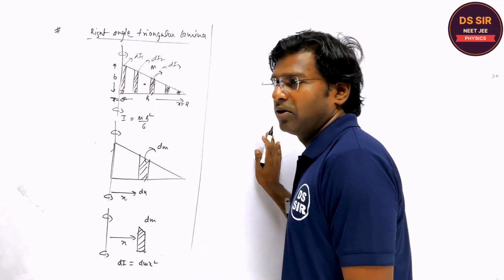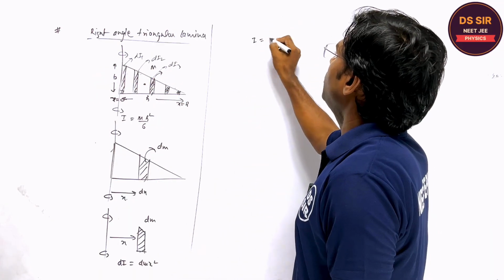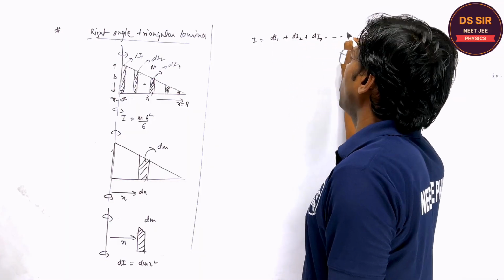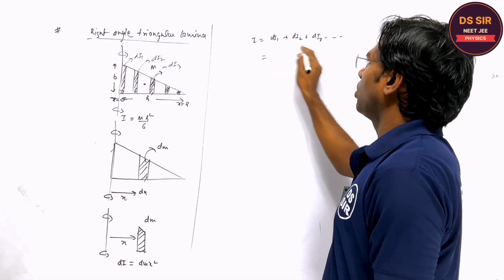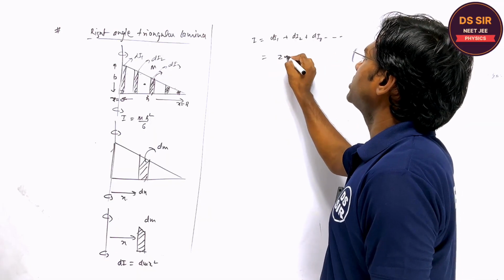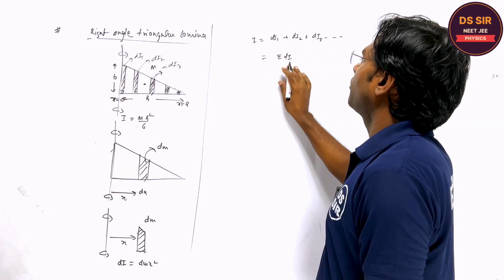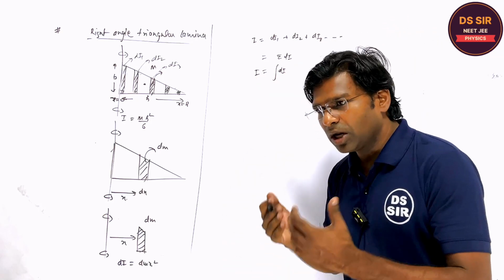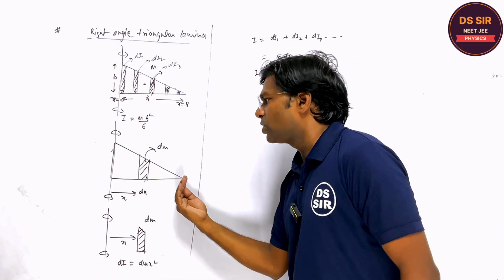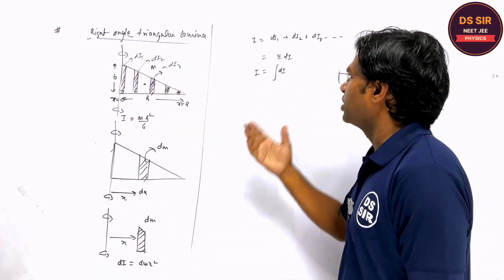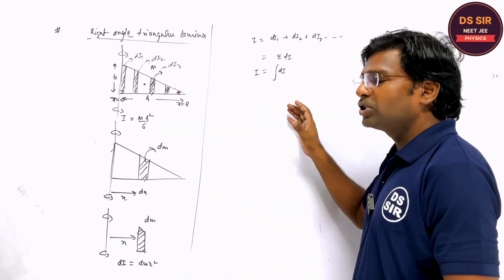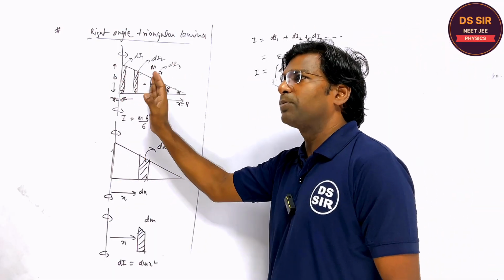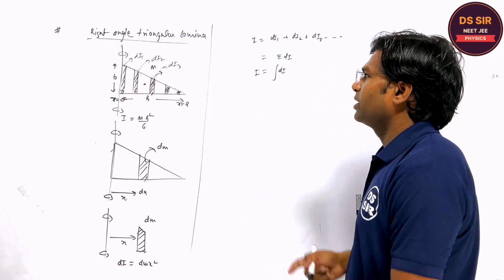So how to find the moment of inertia? To find the moment of inertia, di1, di2, di3, like this, you have to add all the moments of inertia. That is, this is the summation of all di's. Summation means the integration. So this is the application of how to find the moment of inertia of this type of body using the integration. Integration means the addition of all the small element parts, you have to add.